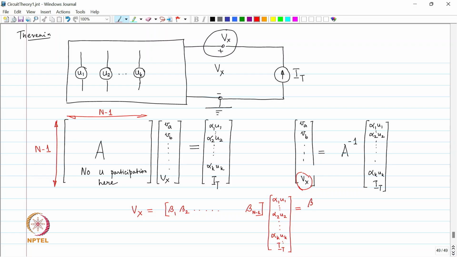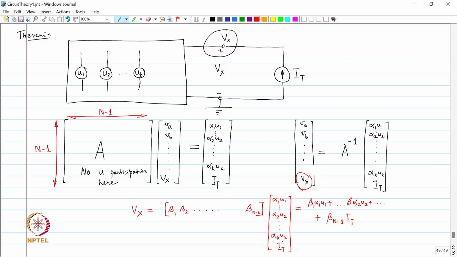I get beta 1 alpha 1 u 1 plus, term by term, right, maybe something beta times alpha 2 u 2, right, and then finally beta n minus 1, which I am going to put on another row, times I t. That is the last term. Fine.